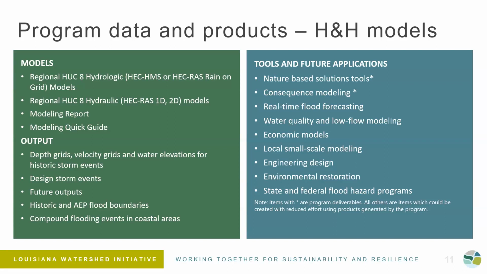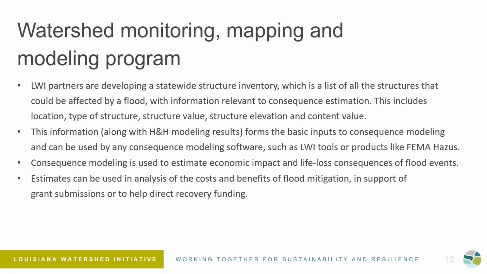Whether we do that now or as a future effort statewide, that's still to be decided, but we recognize it would be very valuable to potentially get more accurate risk maps than what's out there now. And then, as I mentioned, Brett will talk about the compound flooding events in coastal areas. I won't touch on the tools and future applications. I could go on all day, and I want to turn it over to our folks at HDR.